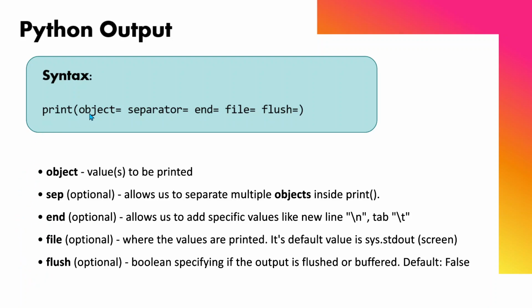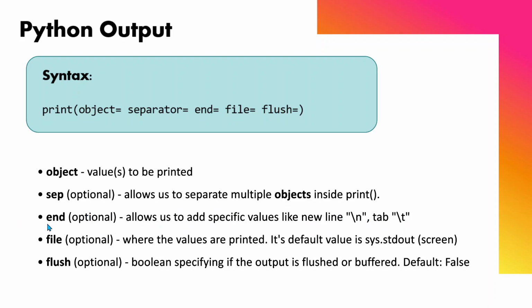These are the key parameters of the Python output statement, basically the print statement. First we have object, which is the value to be printed. Next we have sep, the separator, which is used to separate multiple objects inside the print statement. Next we have end, which allows us to add specific values like a new line or tab at the end of the line.